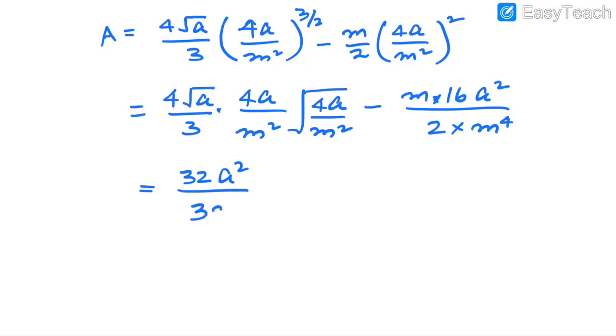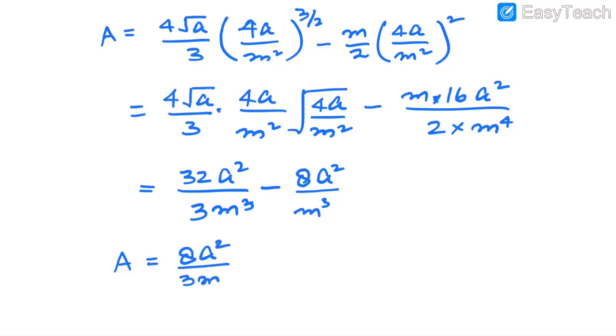Therefore 32a square upon 3 m cube, actually this is m cube, minus 8a square upon m cube. So further simplifying, we get 8a square upon 3m cube square unit. So this is the final area.